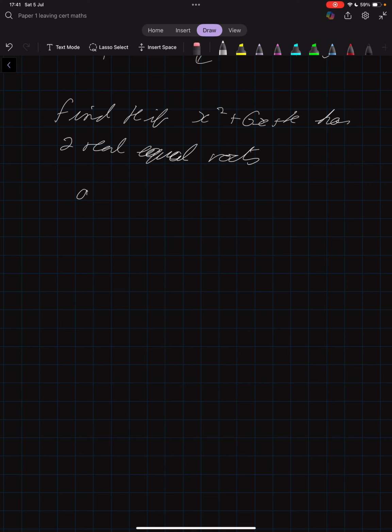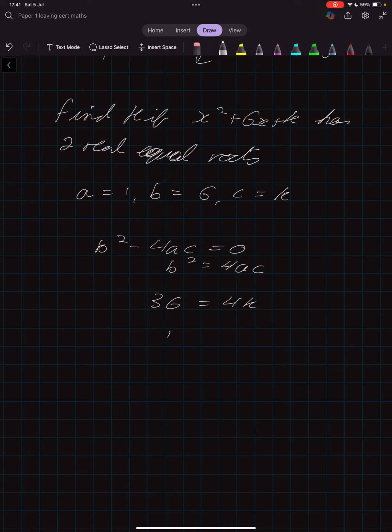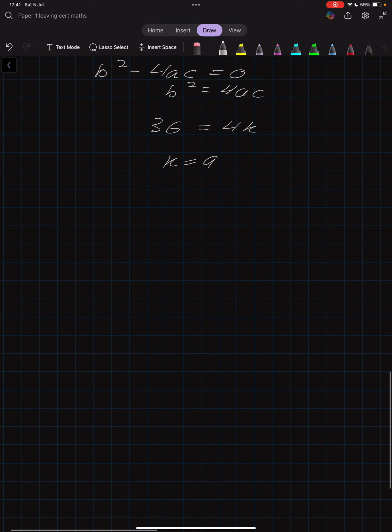So in this case, a is equal to 1, b is equal to 6, and c is equal to k. So again, I want b squared minus 4ac to equal 0, or I want b squared to be equal to 4ac. Okay, so I want 36 to equal 4k, so k has to equal 9. And so if I were to draw this now, this means that we get x squared plus 6x plus 9.